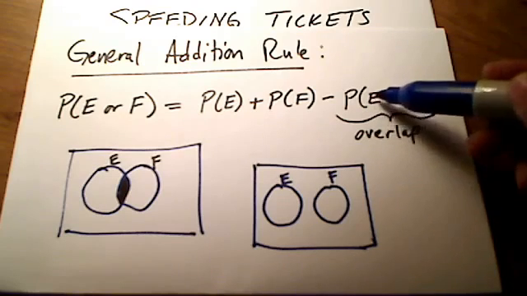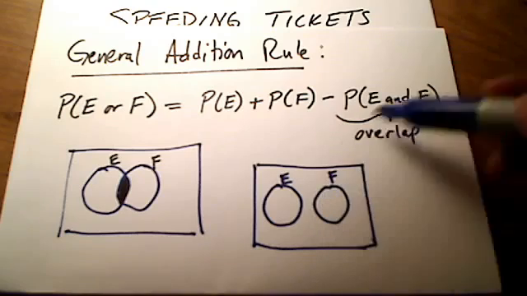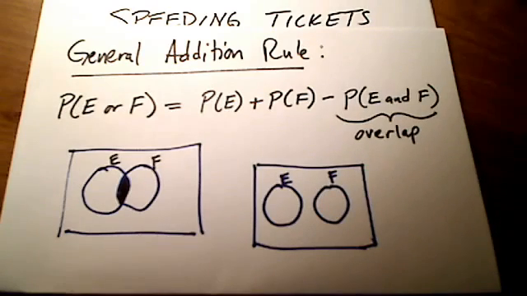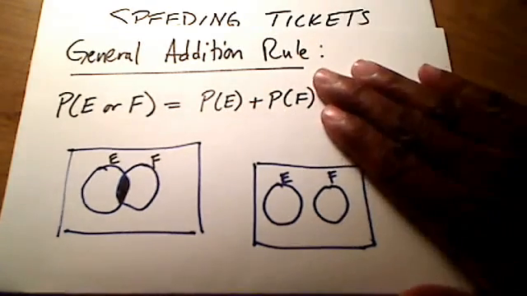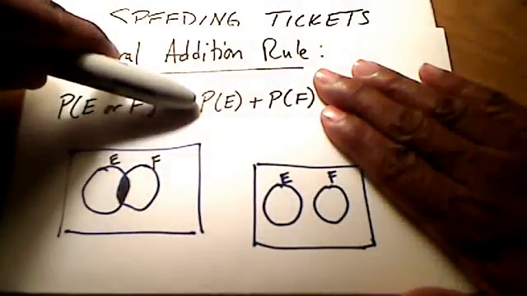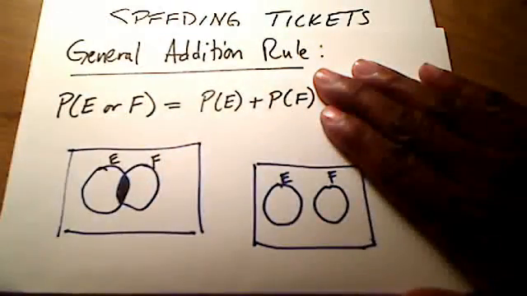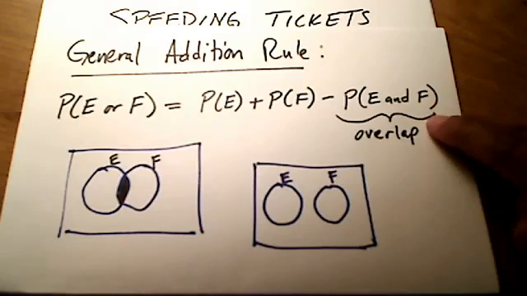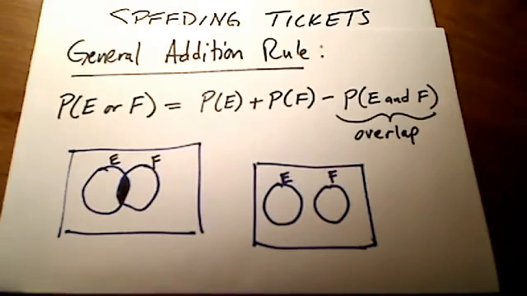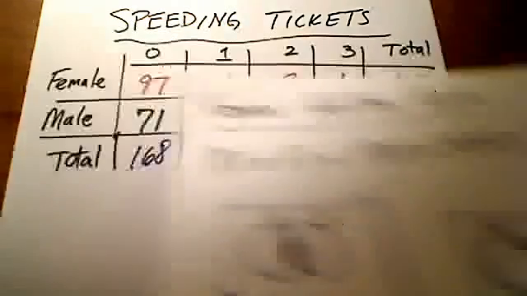If that last term is a 0, we're just simply going to add up the probability of E and the probability of F. That's a simplified form of the addition rule, only if there is no overlap at all. Okay, so that's the general addition rule.